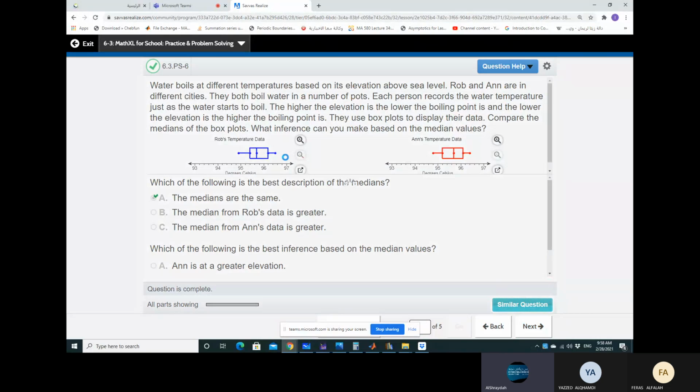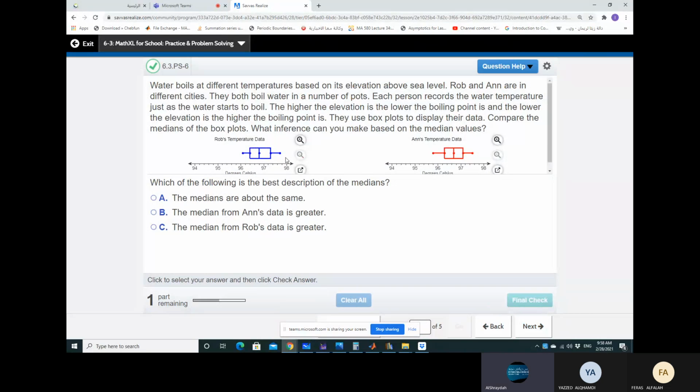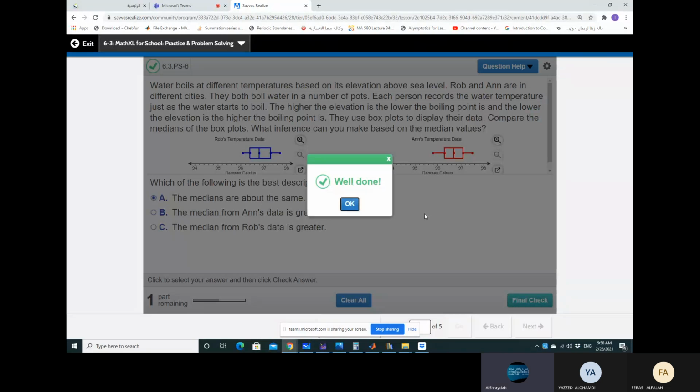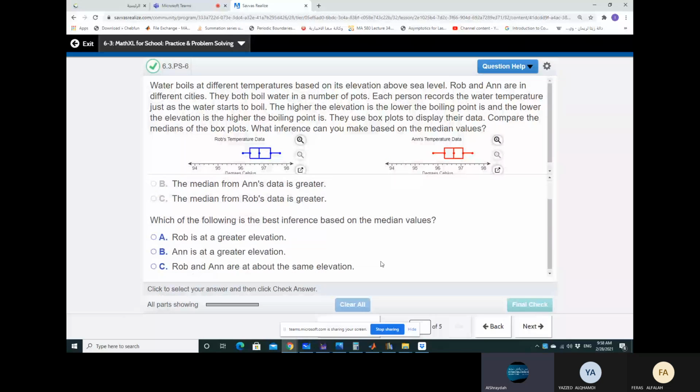Let's take a similar question. Here we have another question. Who can read the question for us? It is the same. You have to compare the medians of the box plots. As you can see here, the medians are about the same, and that means Rob and Anne are at about the same elevation.